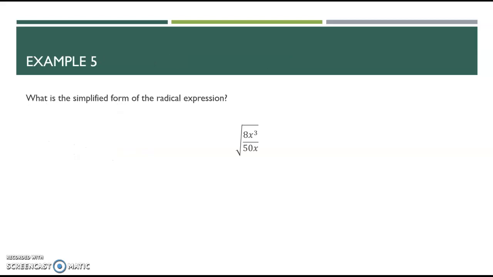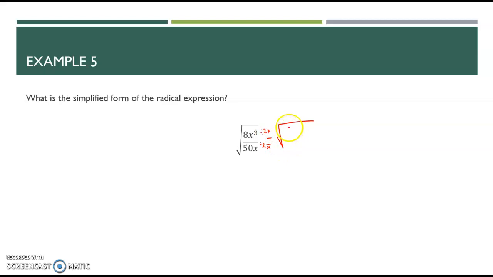So what is the simplified form of this one? Now, this would be one of those, let's simplify before we even take it out of the square root. So 2 goes into both 8 and 50, so I'm going to divide by 2 on both top and bottom, but also there's an x on top and bottom, so I'm actually going to divide by a 2x.